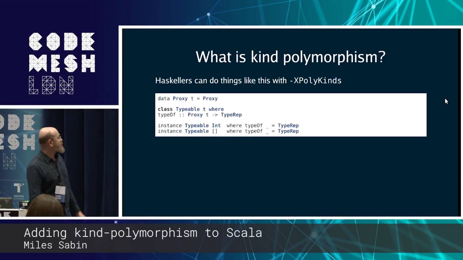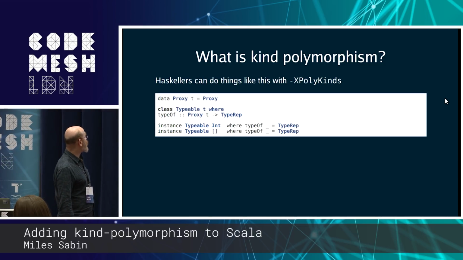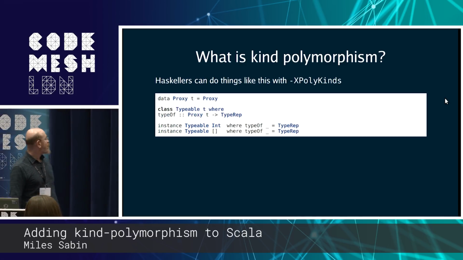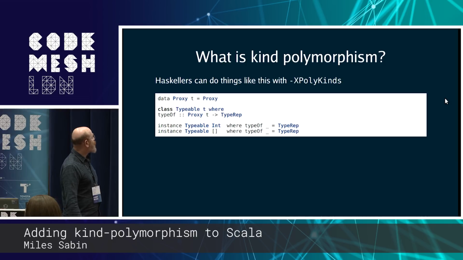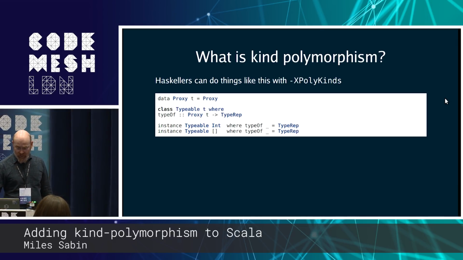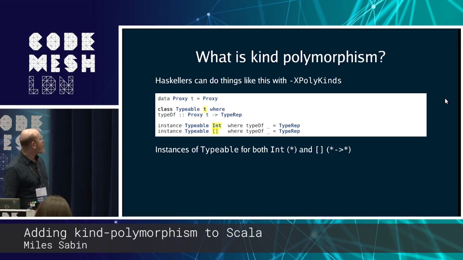So Haskellers can do this kind of thing. Here is an example that's related to type tags in a way. This is Haskell's Typeable. Again, this is a way of reifying a type. And with the PolyKinds GHC extension, you can do precisely what we're trying to do.